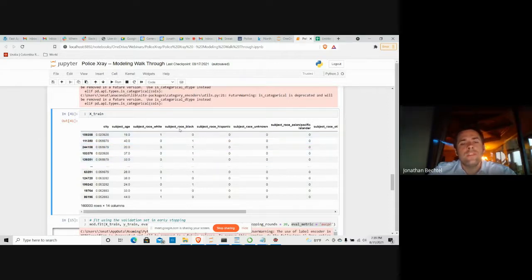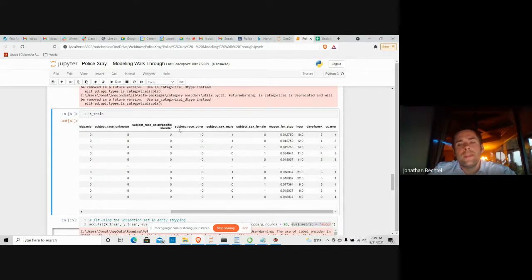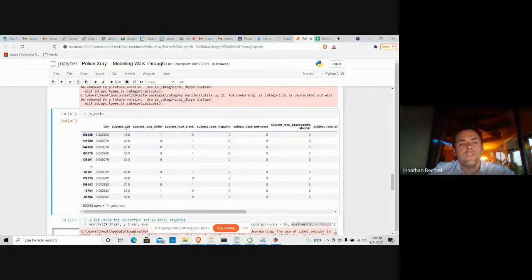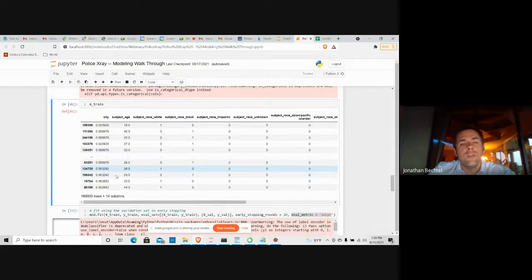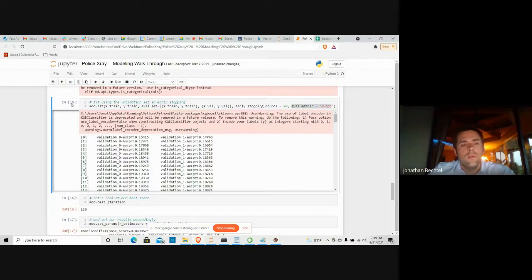So in this case, the subject characteristics that we want to isolate were one hot encoded. But for the other things like the stop reason and the city, these were target encoded, because personally I have less motivation for looking at the relative impacts of these with a lot of granularity. So I just target encoded them.